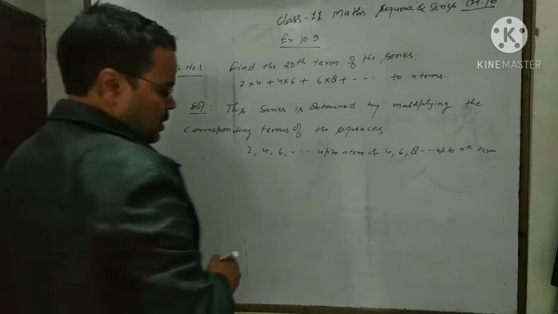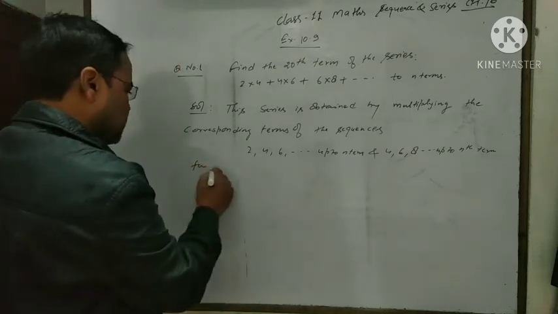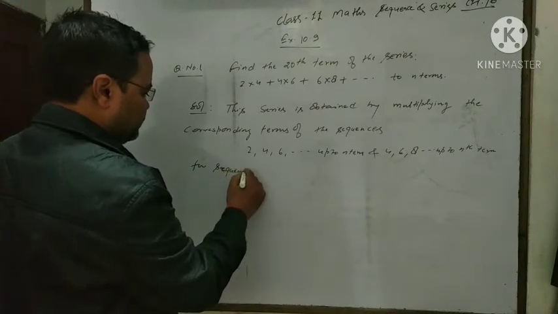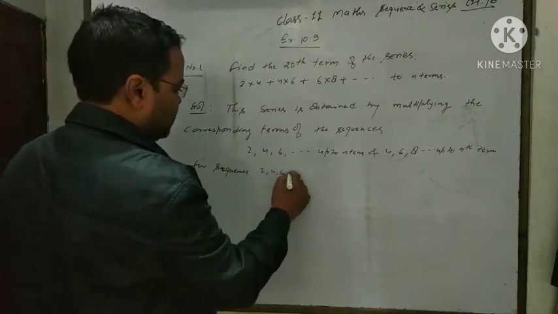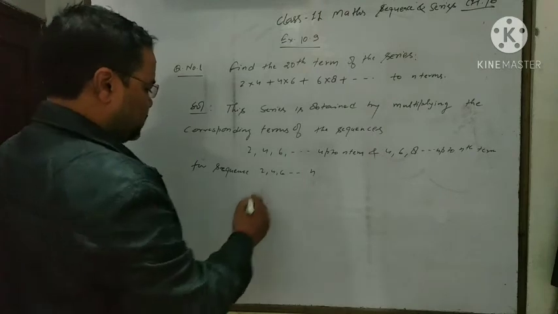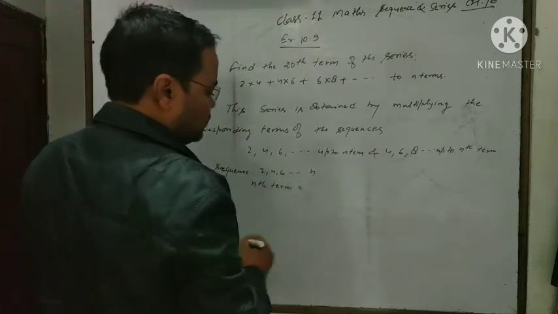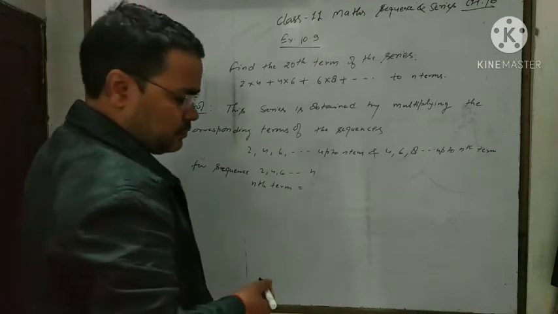Here, for the sequence 2, 4, 6 up to nth term, the nth term is equal to a plus n minus 1 into d.